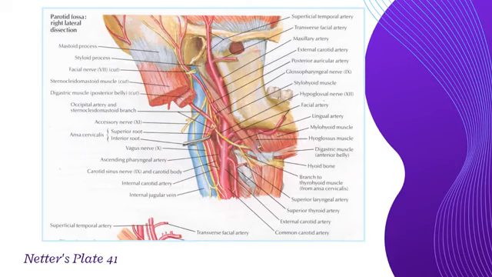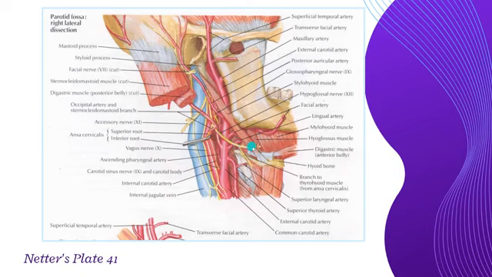Then also you'll see that it will travel lateral, or superficial, to the hyoglossus muscle. So you see that right here. So the hypoglossal nerve is traveling deep to the mylohyoid muscle and then superficial or lateral to the hyoglossus muscle and that lingual artery.